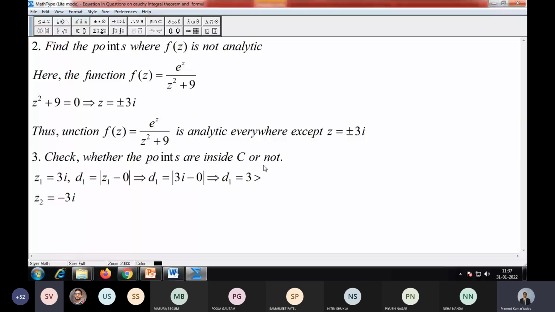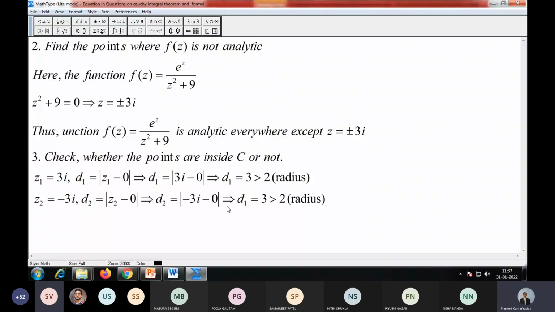What is 2? 2 is the radius of the circle. Similarly, we get the distance d2 for minus 3i, and d2 will also come 3, which is greater than the radius.